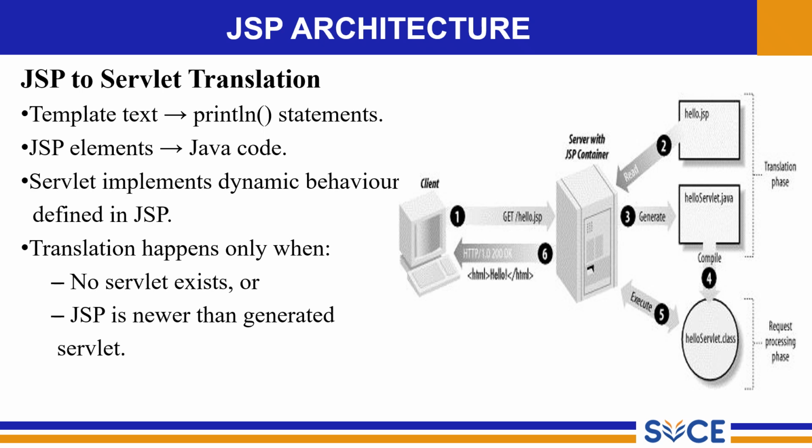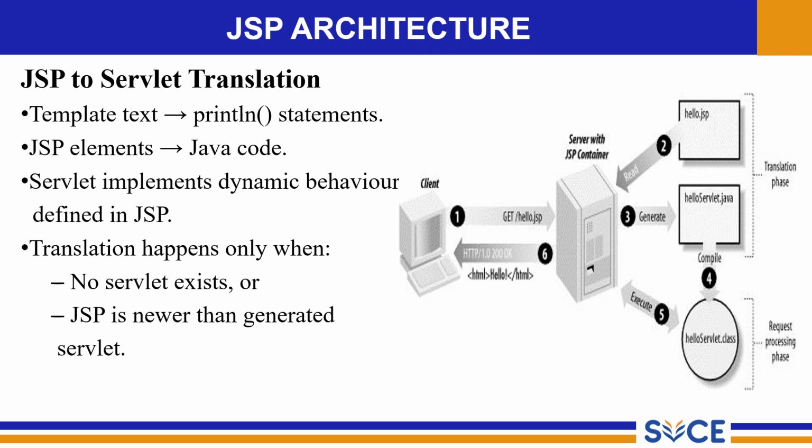Meanwhile, any JSP elements such as scriptlets, expressions, declarations, directives, or custom tags are turned directly into Java code. This Java code becomes part of the servlet's logic and controls how the page behaves dynamically. For example, Java variables, conditions, loops, or method calls inside the JSP become valid executable code in the resulting servlet.